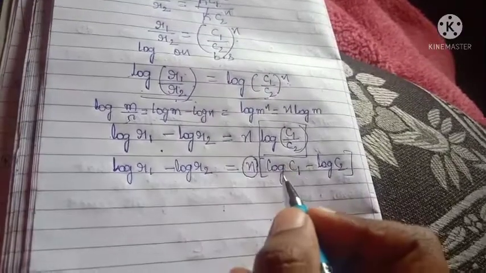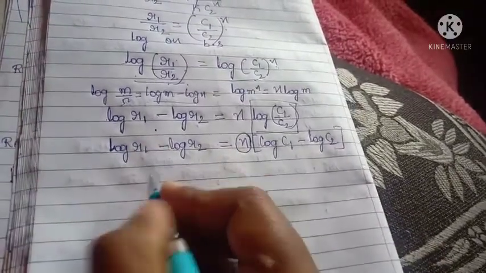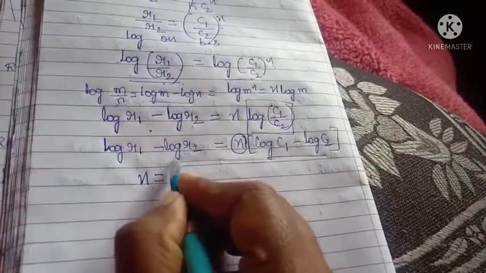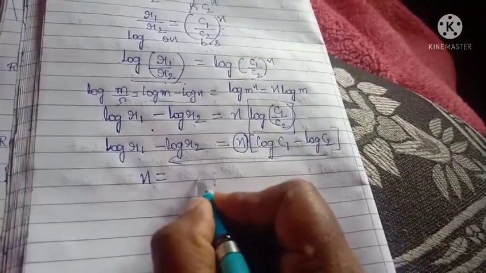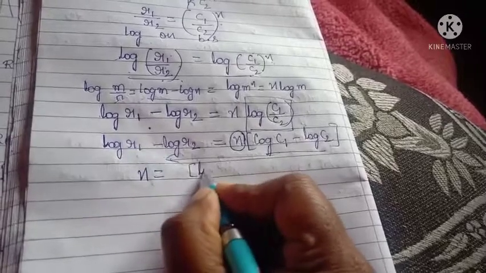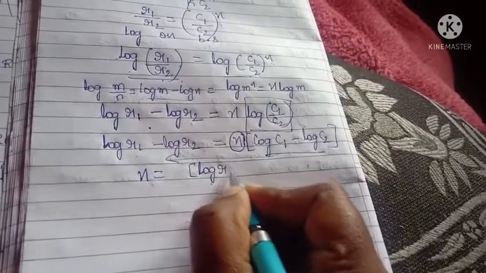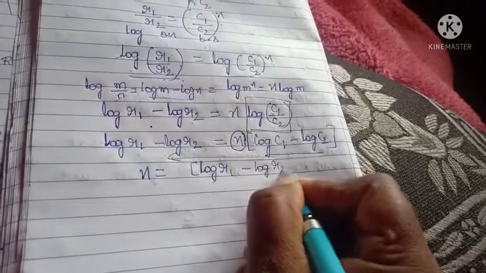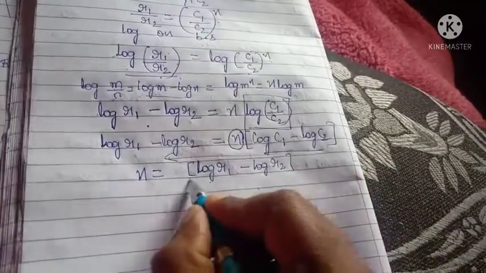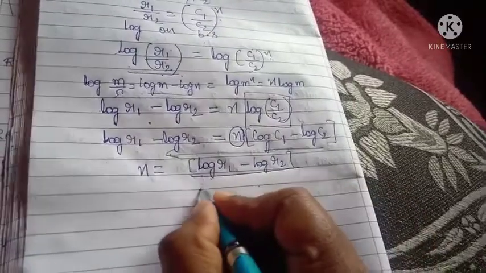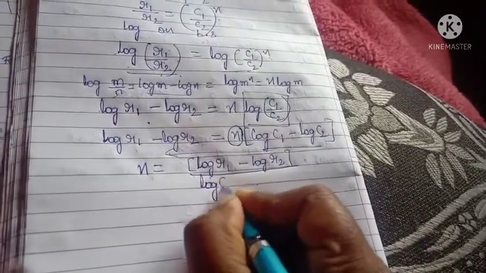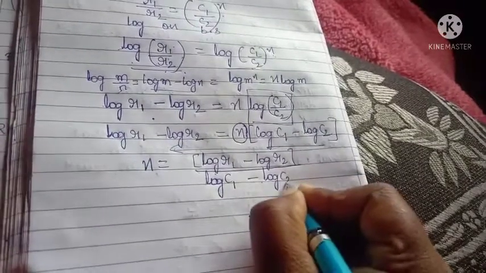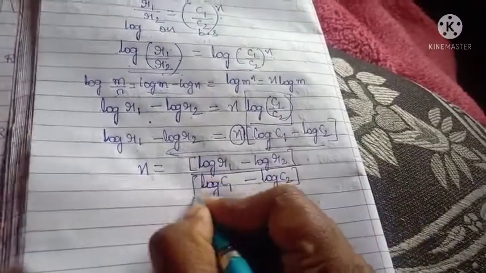Here n is the order of reaction, so then n is equal to, this comes to the denominator, so then log R1 minus log R2 divided by log C1 minus log C2.